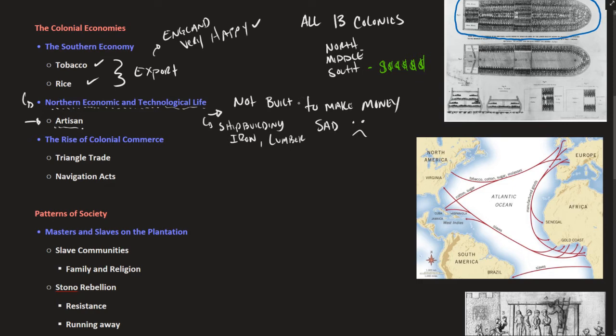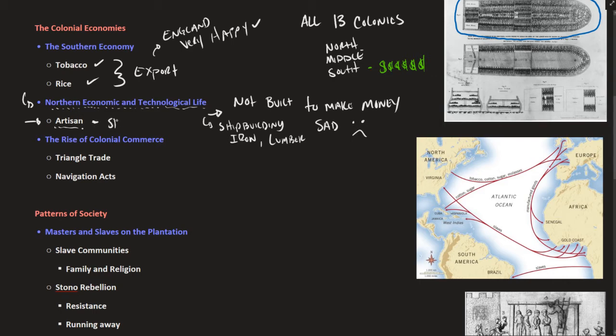Instead, people just took up different professions. So you had perhaps blacksmiths, you had leather workers, you know, all these different craftspeople. This term artisan is another good term to be familiar with.